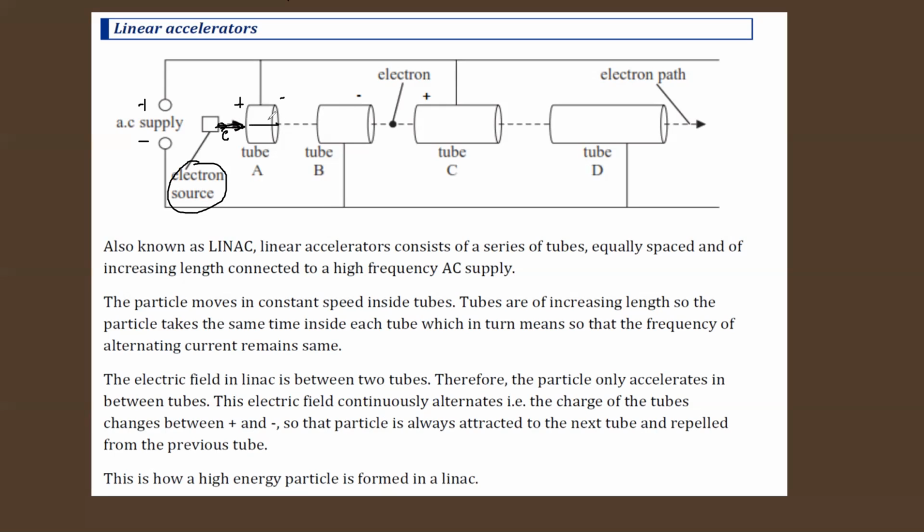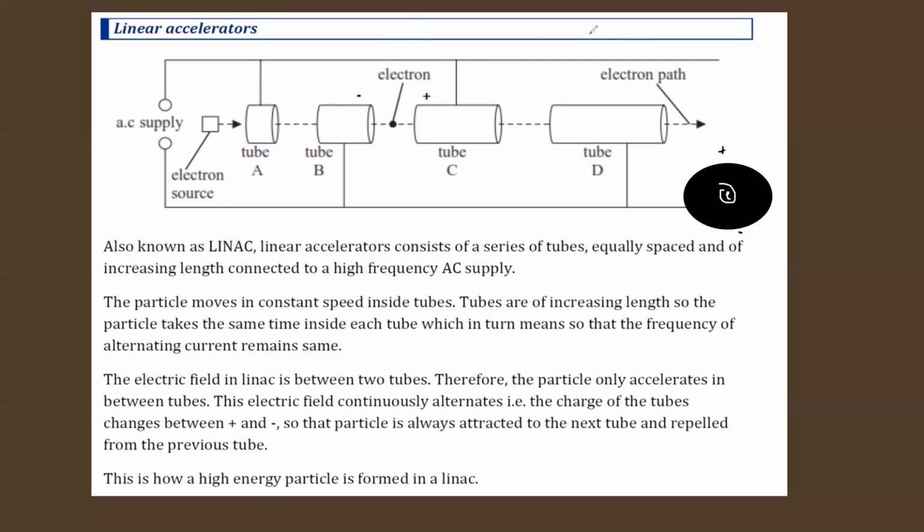But when the electron is within the tube, there is no electric field because the voltage is applied outside. It's a hollow tube. As we discussed, within a hollow cylinder or hollow sphere there is no potential. All the charge is at the surface. So if the electron is within the cylinder, there is no potential or voltage, so the electron is not accelerated.